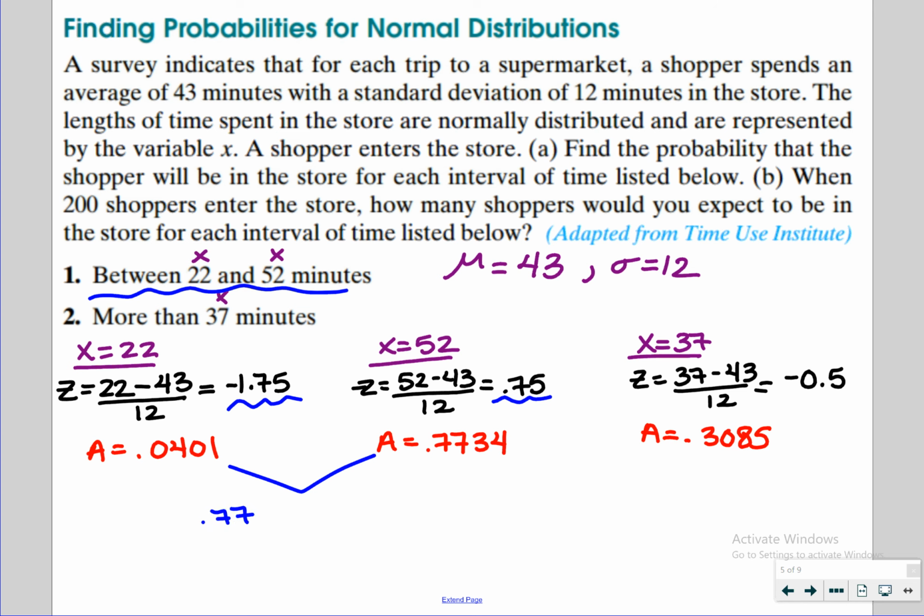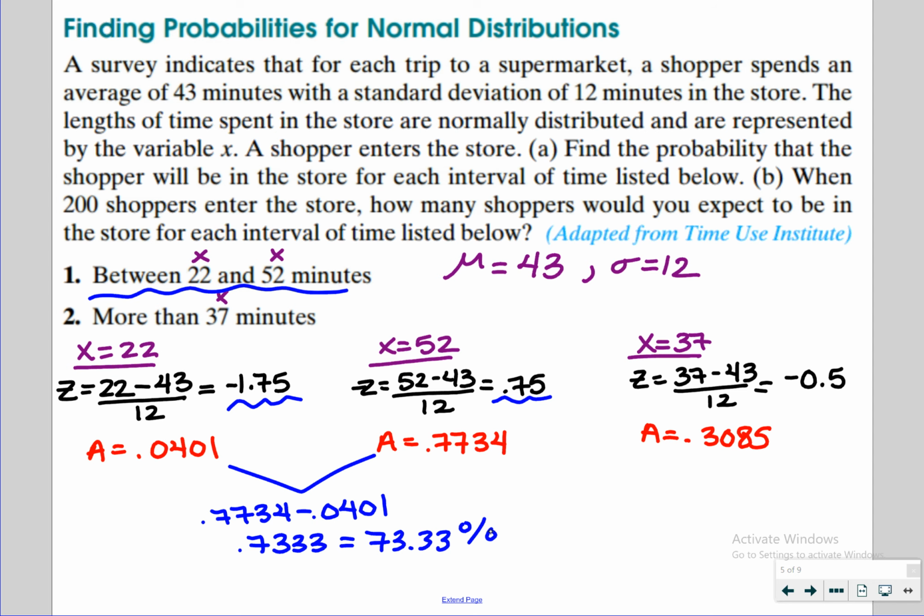So 0.7734 minus 0.0401, and I get 0.7333, or you could say 73.33%. So the probability that any given person's shopping trip that's selected is between 22 and 52 minutes is about a 73% chance that it will fall within that range.